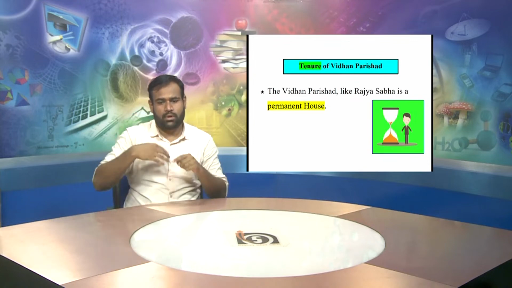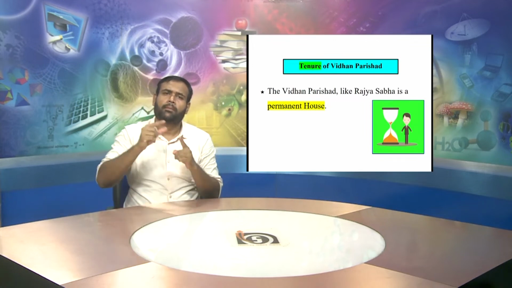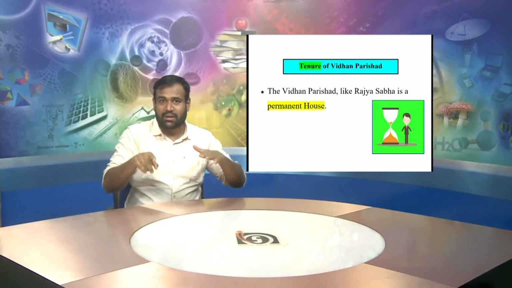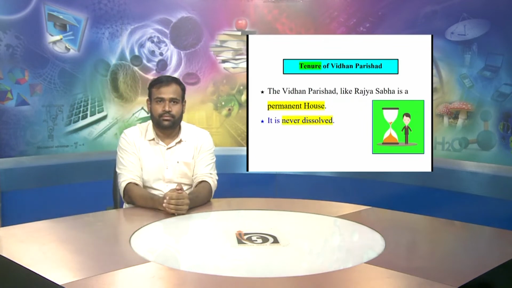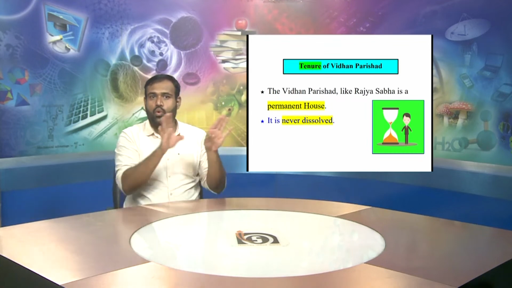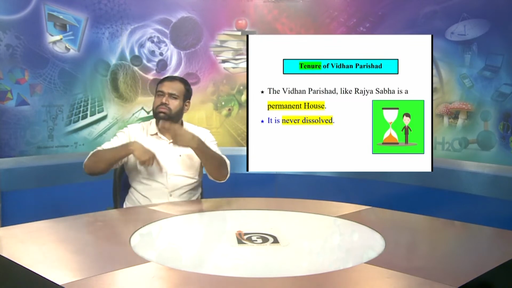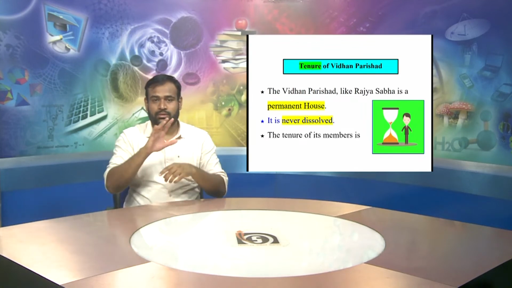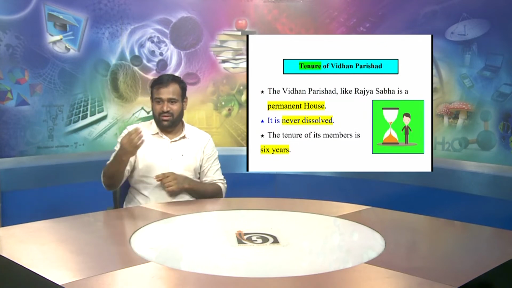Let us now understand the tenure of the Vidhan Parishad. Vidhan Parishad, just like Rajya Sabha, is a permanent house. And this Vidhan Parishad never gets dissolved. The tenure of its members is 6 years.